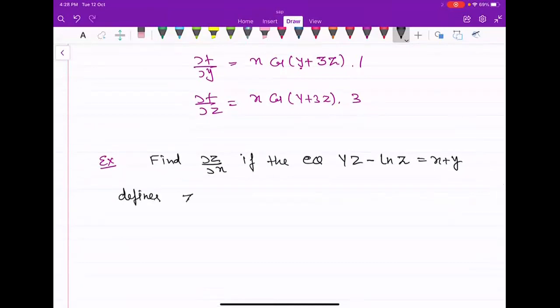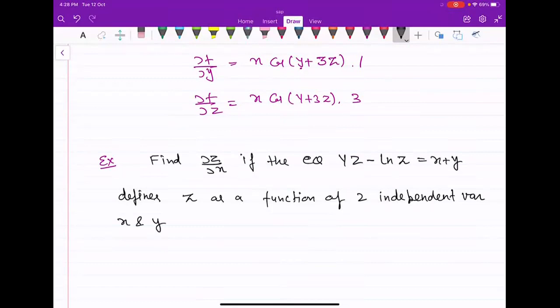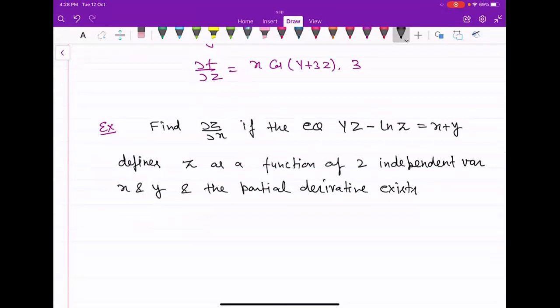z as a function of two independent variables x and y, and the partial derivatives exist. It means what you have to do is compute del z over del x.